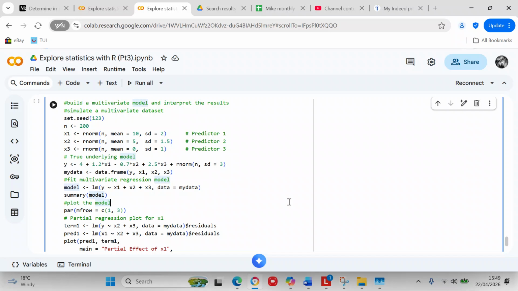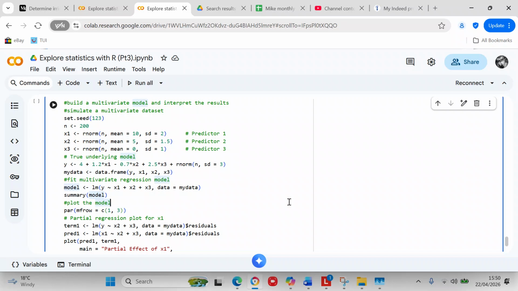So you set.seed(123). You can put any number you want in the brackets. n is going to be your number of samples, which is 200. And then x1, x2, x3 are going to be your independent variables.